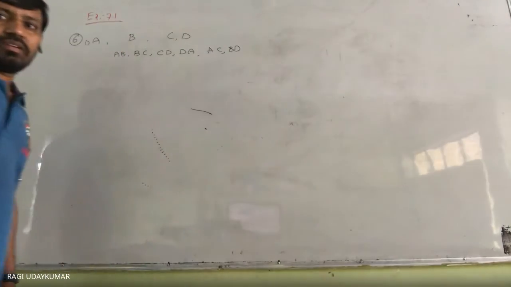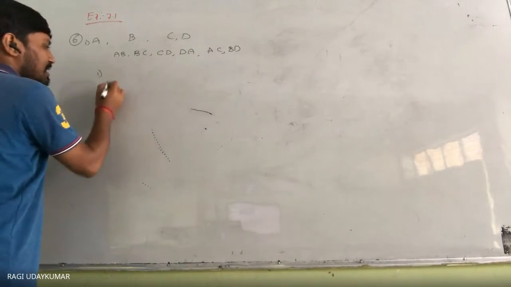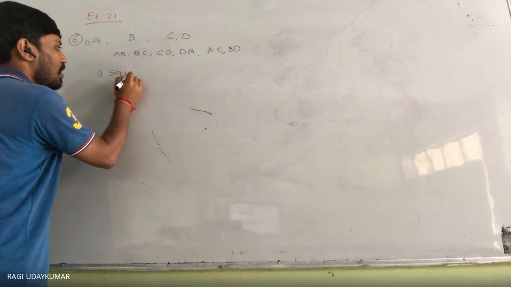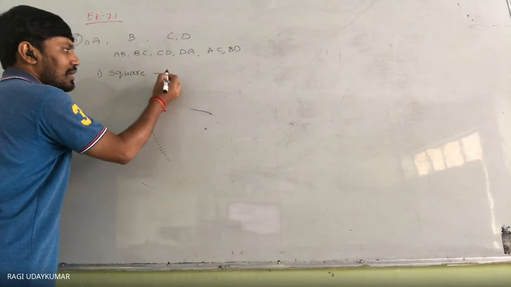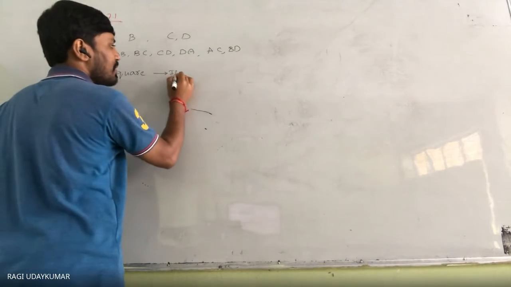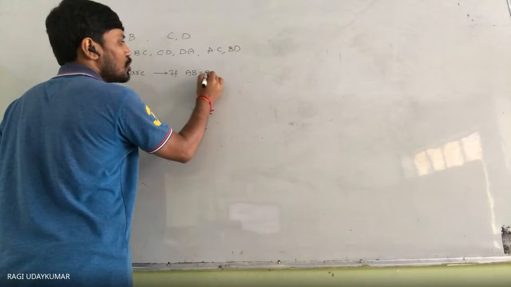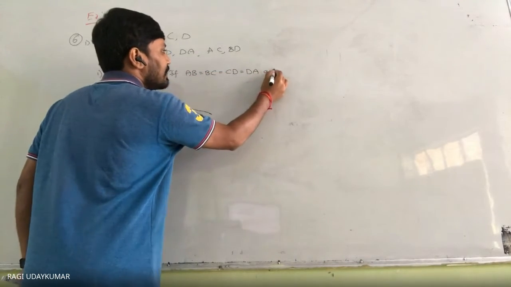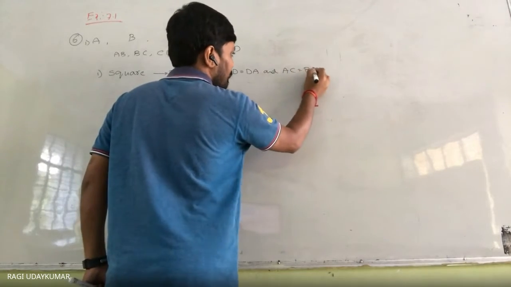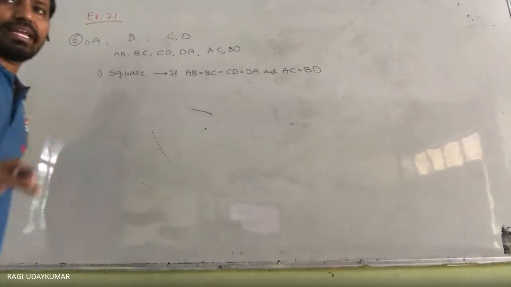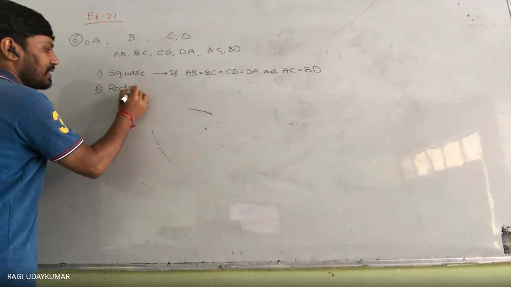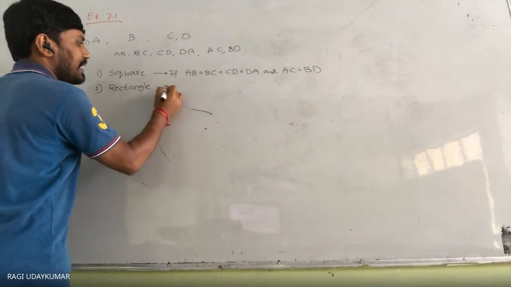Diagrams also. So the first condition: we have already seen what the condition for a square is. You can say that a quadrilateral is a square if AB equals BC equals CD equals DA and AC equals BD. Second condition: when can we say it is a rectangle?